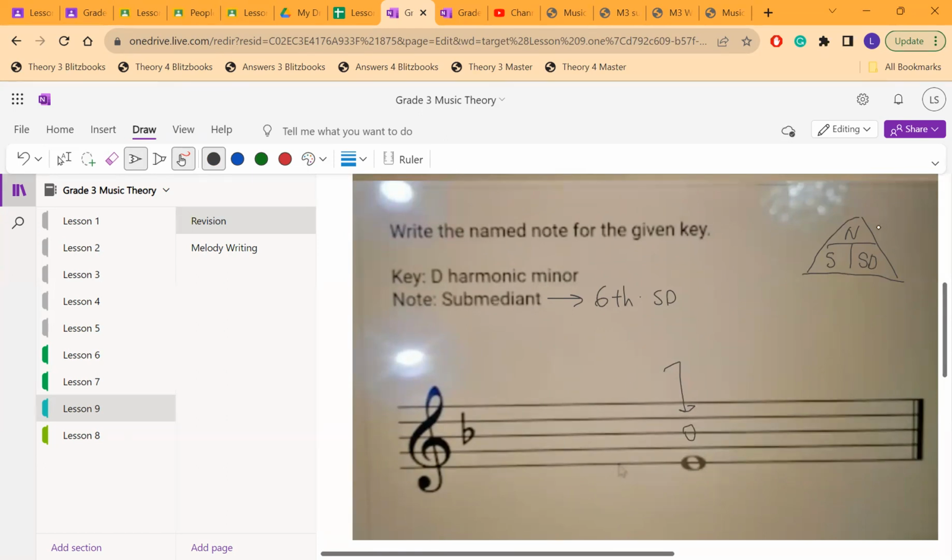Oh yeah, and on a side note, if you're given the scale degree and the note, you actually come up with 2 different scales sometimes. For example, F sharp as the dominant. We haven't done this yet, but it can be either B major or B minor.